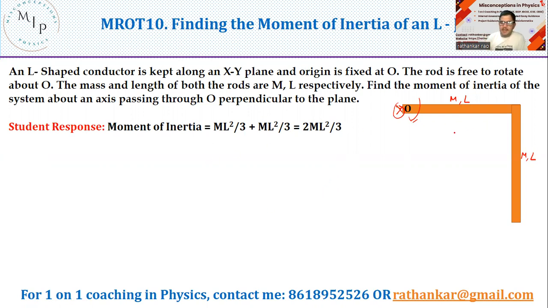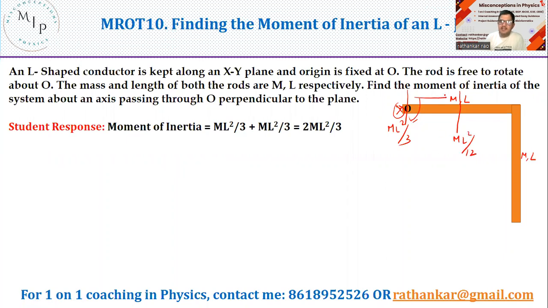So when we have a question like this, what did the student do? He started something like this. He found out the moment of inertia of this rod about this axis, which is nothing but ML square by 3. He has used the parallel axis theorem. He took one axis here. Moment of inertia of the rod about this axis is ML square divided by 12.